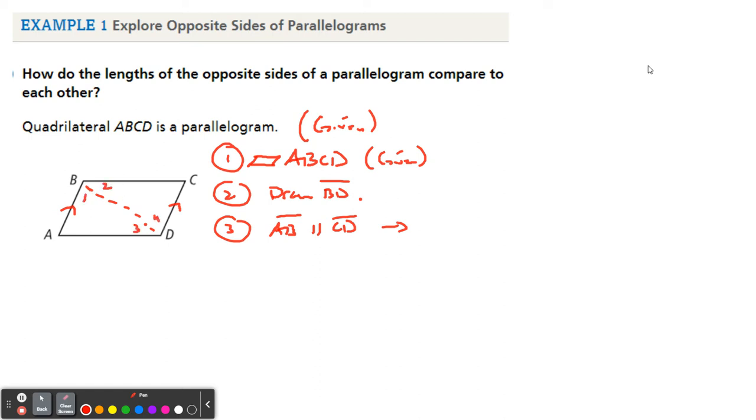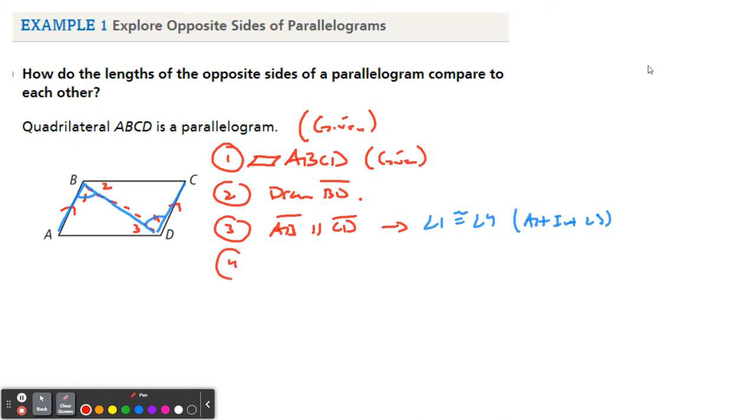This makes it easier for me to do. So if AB and CD are parallel, let's do AB, CD, and the dotted transversal. Hopefully you can see that angle 1 and angle 4 are congruent. Angle 1 is congruent to angle 4. And again, they're alternate interior angles.